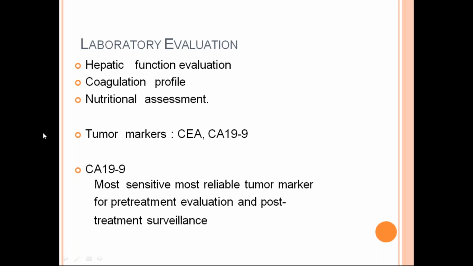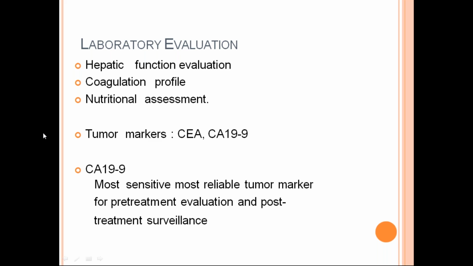So, investigations. As in every case, we do some routine investigations and specific investigations pertaining to the disease. What are the specific investigations for this one? You have to assess hepatic function. LFT should be done, including the coagulation profile, and nutritional assessment is very important. Others are the CEA and CA 19-9 tumor markers.